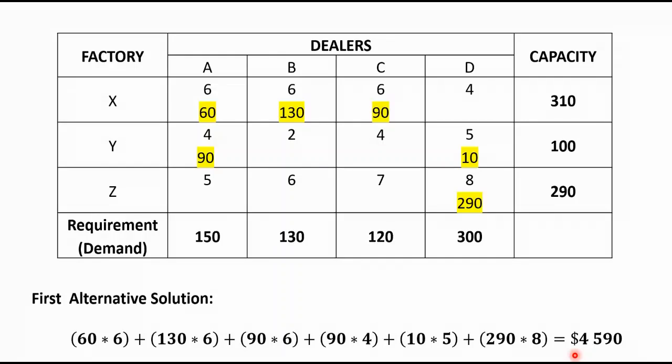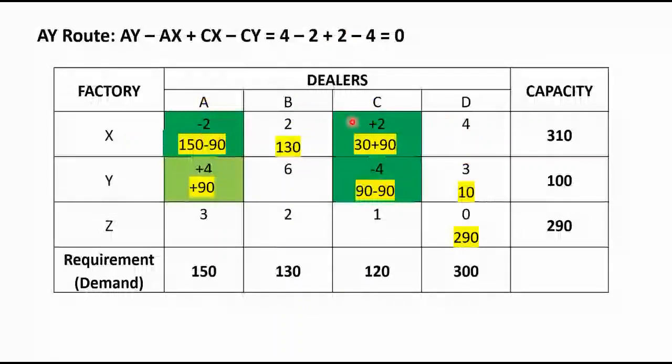And take note that here in this table, we are now using the maximization unit cost. In the previous table, we were using the minimization cost, but it doesn't really matter because we are just changing the number of deliverables here in the said dealer.